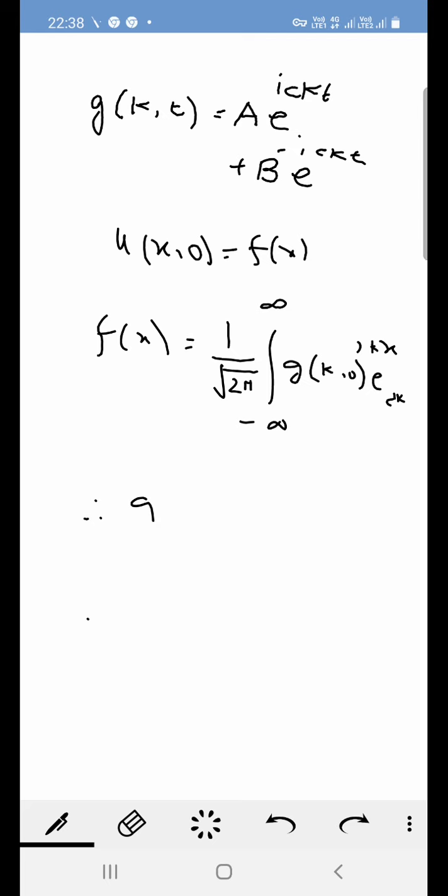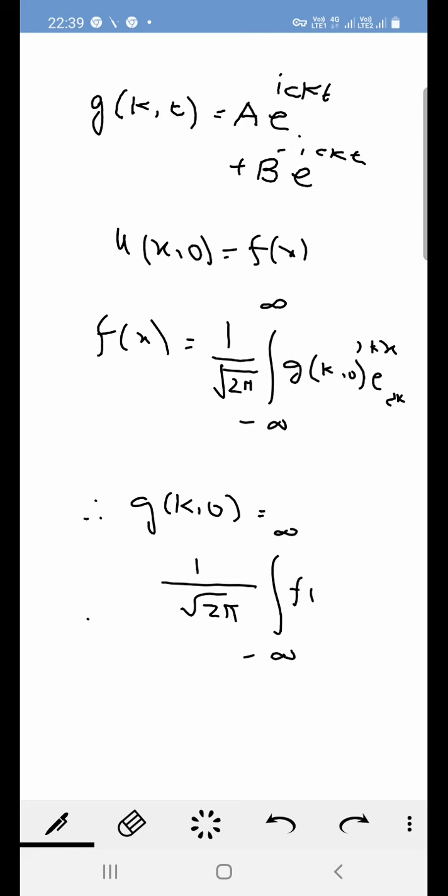Therefore g(k, 0) is equal to the inverse Fourier transform, integral from minus infinity to infinity of f(x) e to the power minus ikx dx.